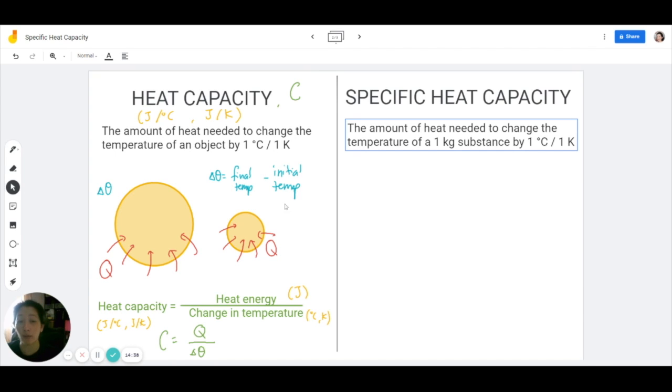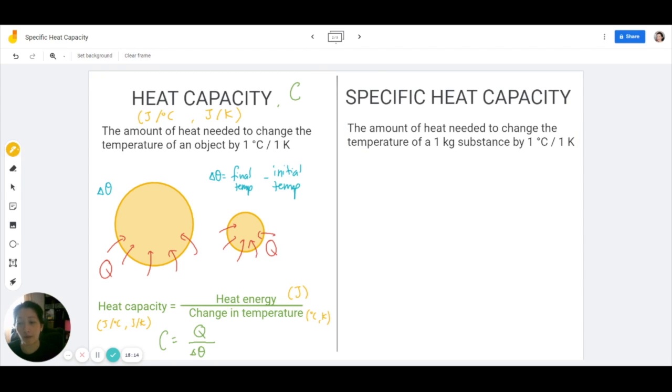But in all these cases, we would take a 1 kilogram sample from each of these, and then we compare. No matter how much you have, because we're taking the same baseline mass sample, 1 kg of each, you'll find that they will all have the same value. Specific heat capacity is specific to the material.